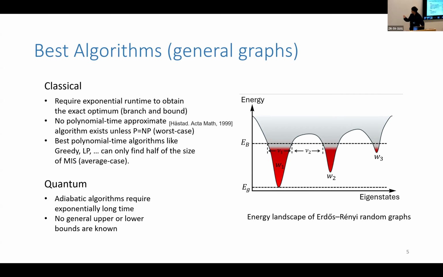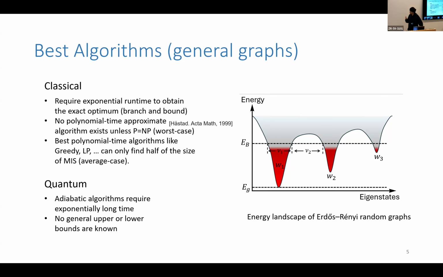Just for this small demonstration, why is it so hard even in the average case? It is because of the very rugged energy landscape of this problem.